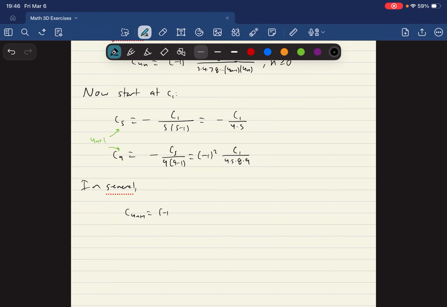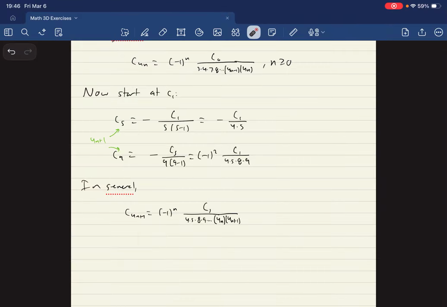So in general, what we find is that this is negative 1 to the n, C1 over 4 times 5 times 8 times 9, dot, dot, dots. And we're going to multiply all the way up to 4n plus 1. Because you might notice, for example here, this is our 4n plus 1, this is our 4n, this is our 4n plus 1, this is our 4n.